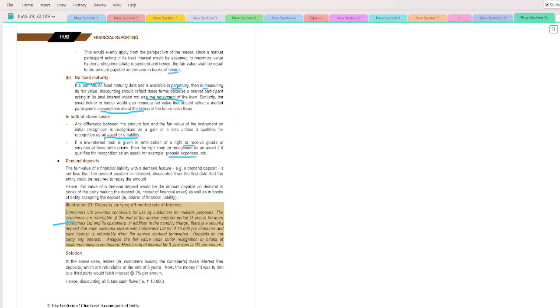So this is the same as a lease under the leasing contract. The customer gives the security deposit for the container and will get this money back without any interest. So this is an interest-free loan. Whatever the amount, 10,000, you will discount at the market interest rate for the 3 years.